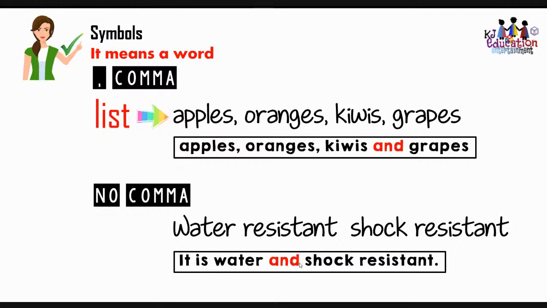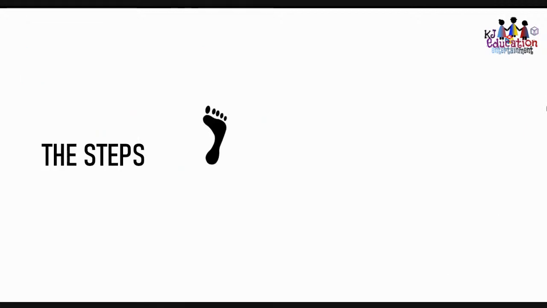Okay. Now, let's go into the steps. So we have gone through all the general rules when it comes to information transfer. The important things that we have gone through would be, what do you think it is? Yes. The first thing is your spelling.